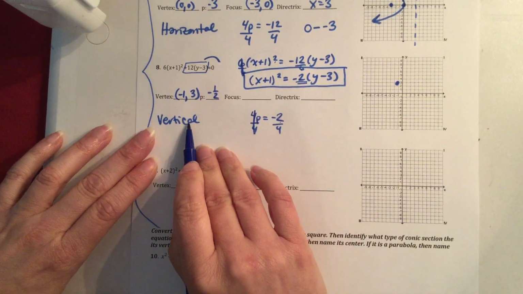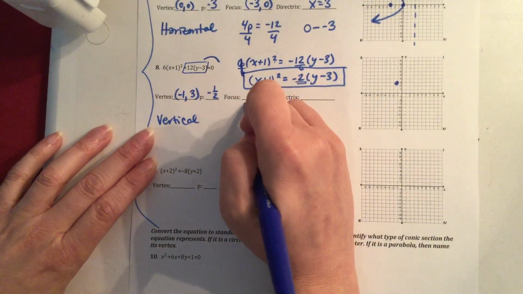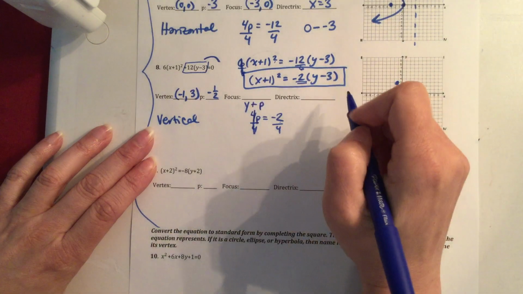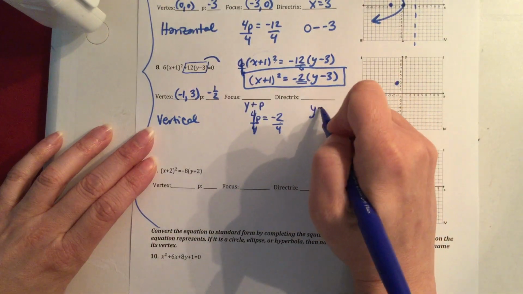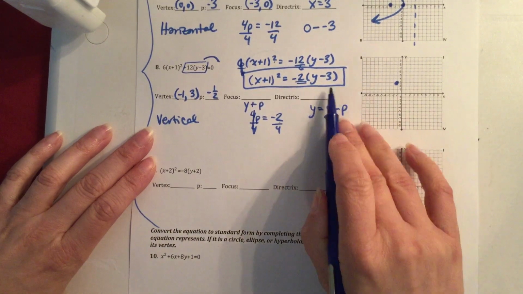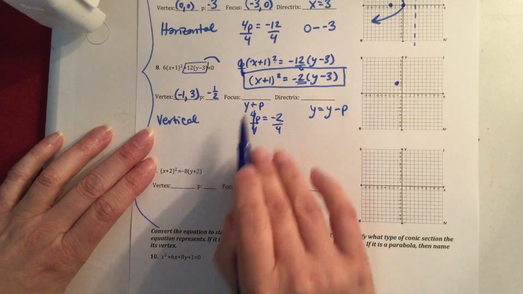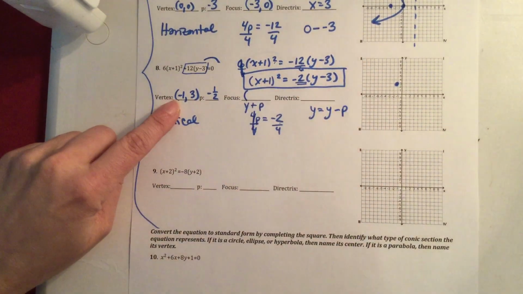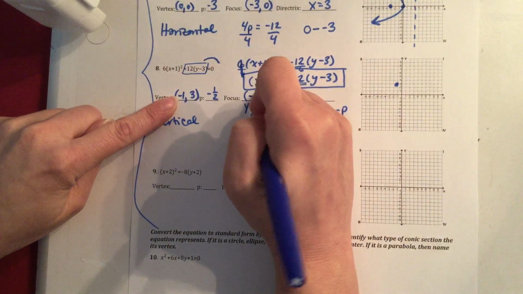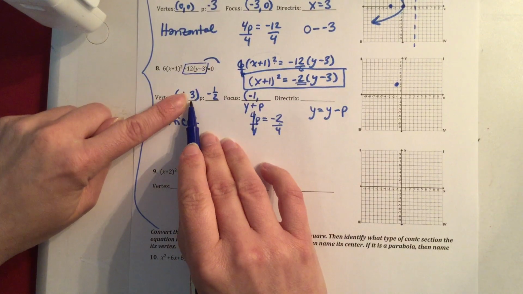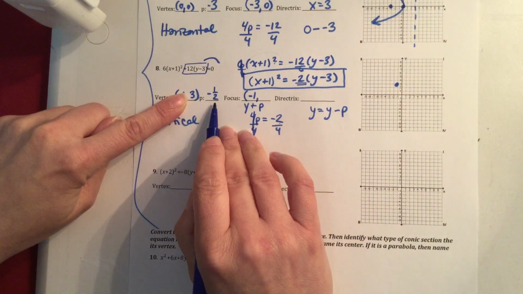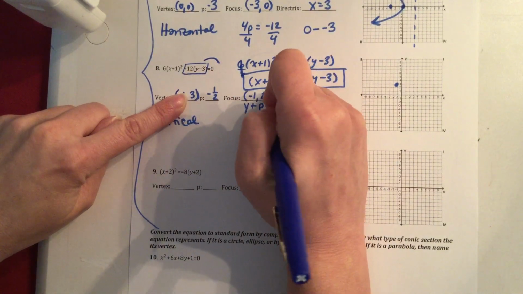Now to find the focus, because it's vertical, you take the y value plus P. The directrix, y equals y minus P, will be a line that's going to cut through the y-axis. Okay, so I'm going to take the vertex, take the y value and add P. So it's negative 1, 3 plus a negative 1/2 is a 2.5.